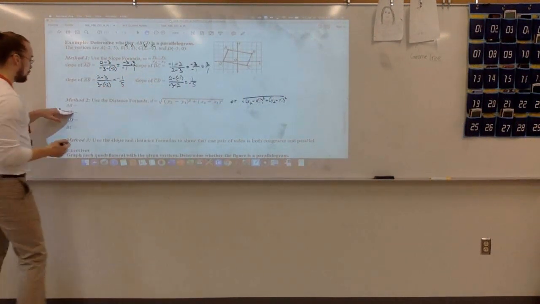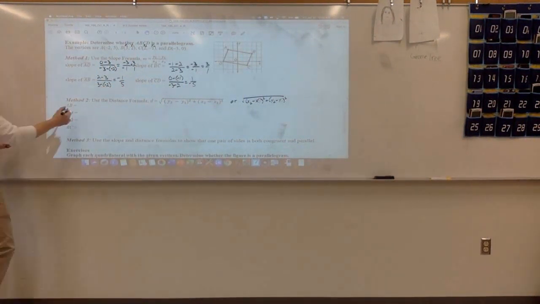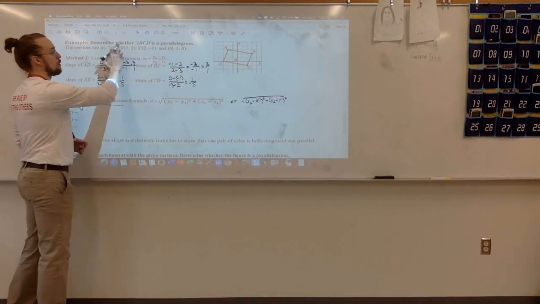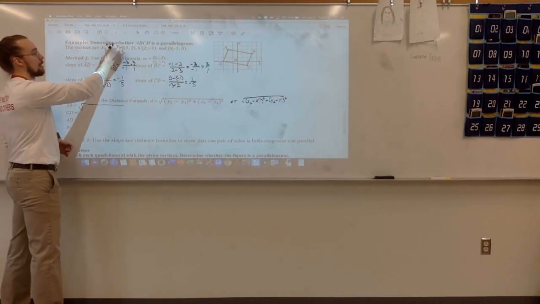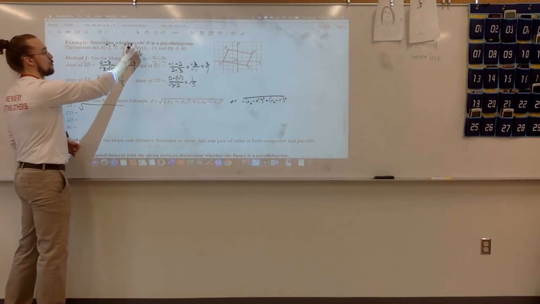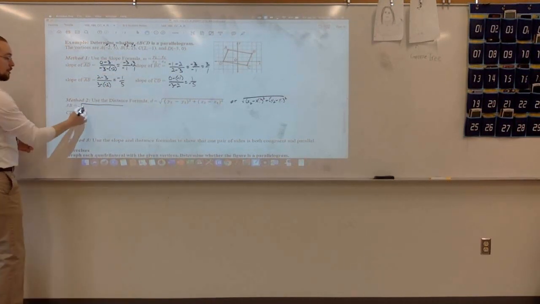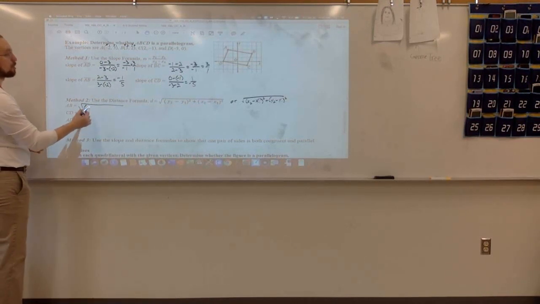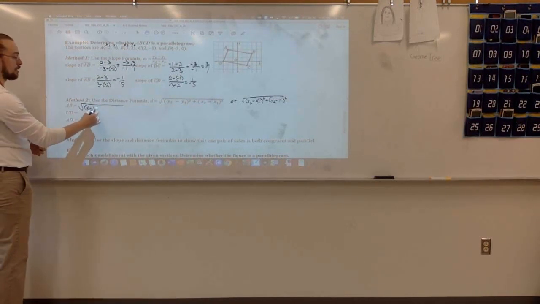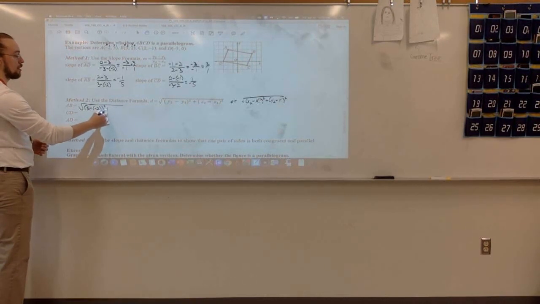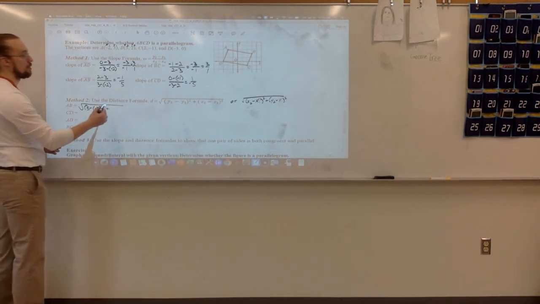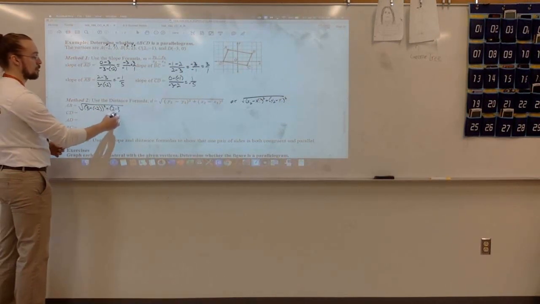So, we want to find the length of each opposite side. So for AB, I'm going to take my 2 points up here. I can label x1, y1, x2, y2. Plug those into the distance formula. So x2 minus x1 would be 3 minus negative 2 squared plus y2 minus y1 would be 2 minus 3 squared.